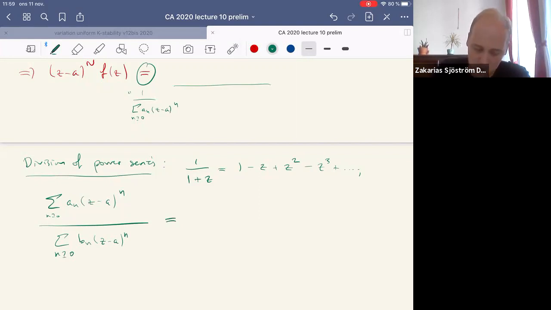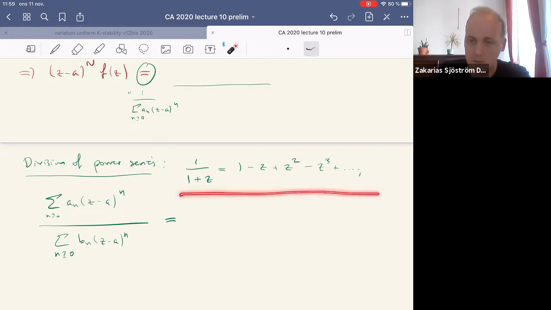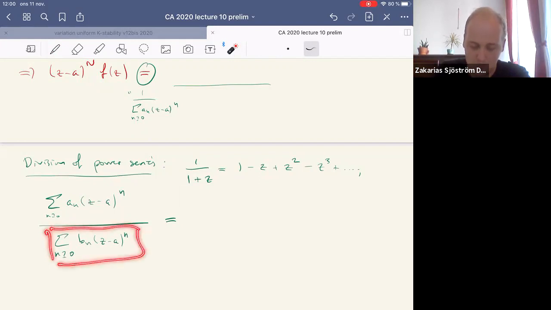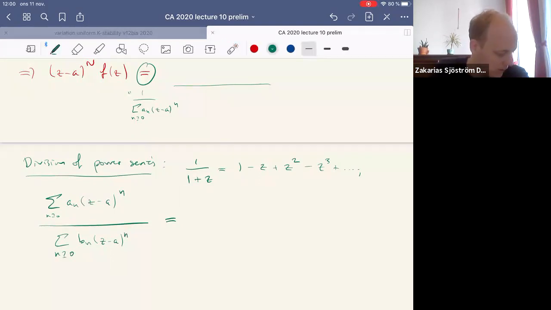So of course I want to put it in the form that is up here, right? So what I have to do is add and subtract 1 from this somehow. So this one I keep the way it is, and then I can take out also this.